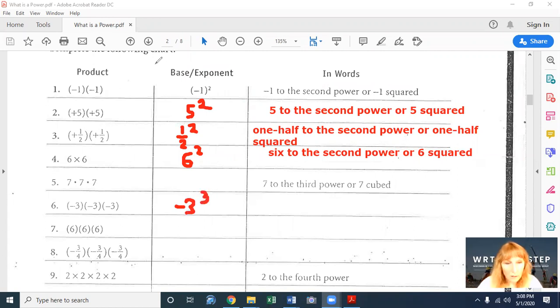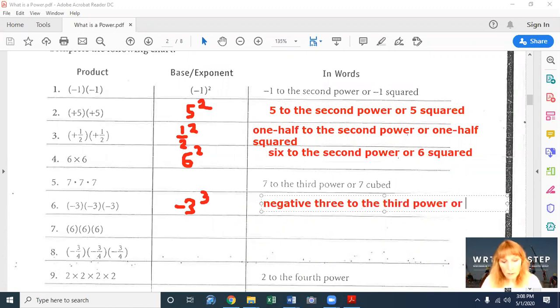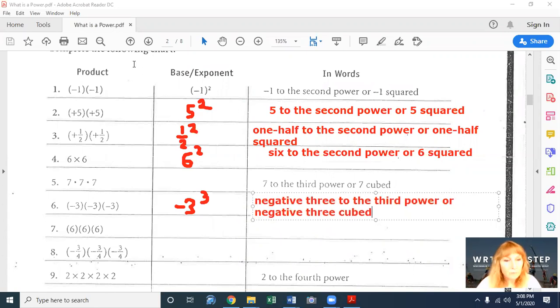Yes. And in words, it would be -3 to the third power, or -3 cubed, right? Cubed is another way of saying something to the third power.